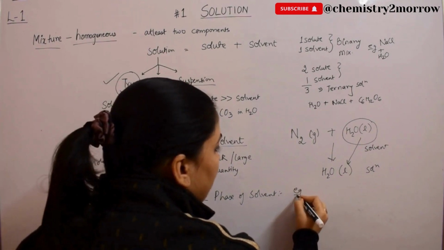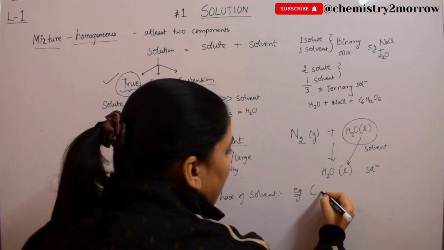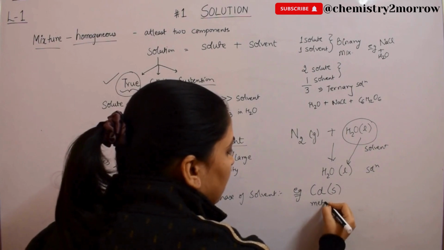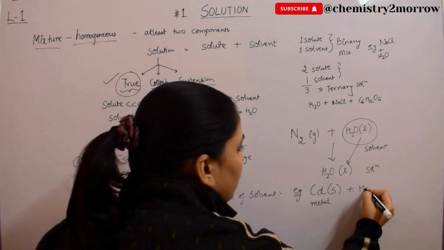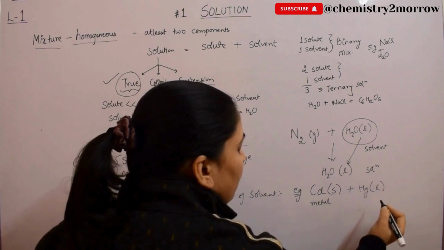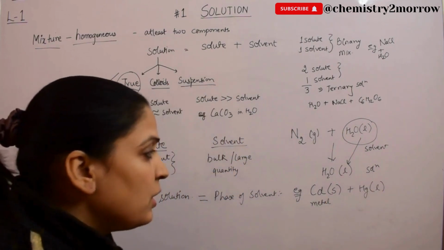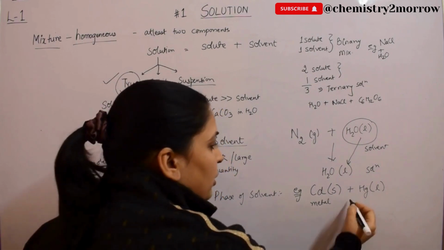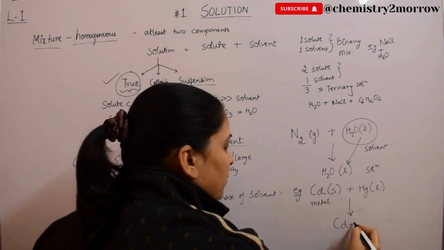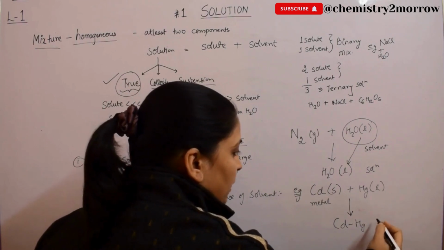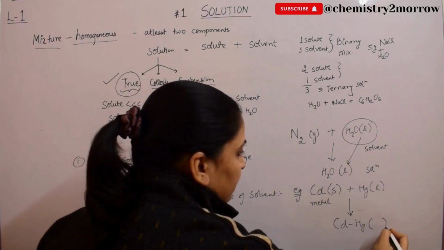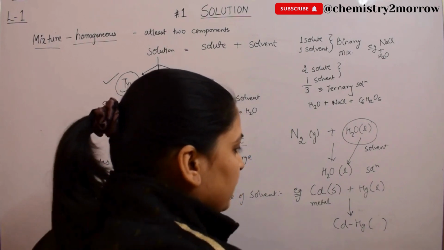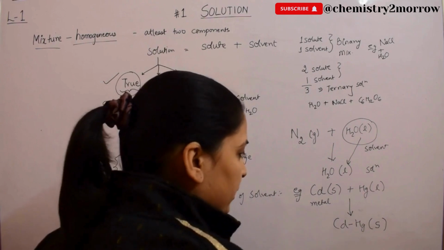This is another example where we have cadmium, which is a solid metal, when mixed with mercury, which is the exceptional metal that exists as a liquid at room temperature, this forms a cadmium mercury amalgam. And this cadmium mercury amalgam has a phase of solid.